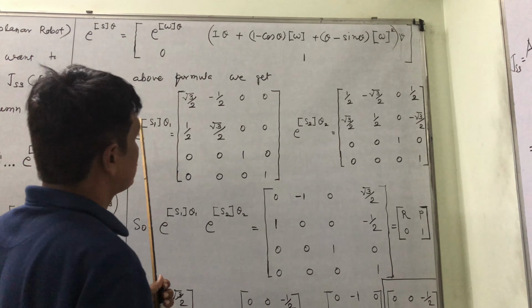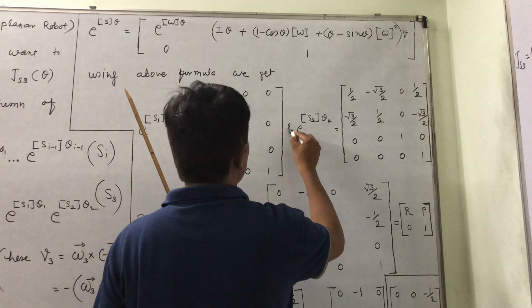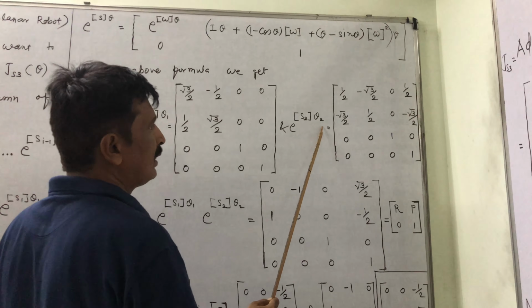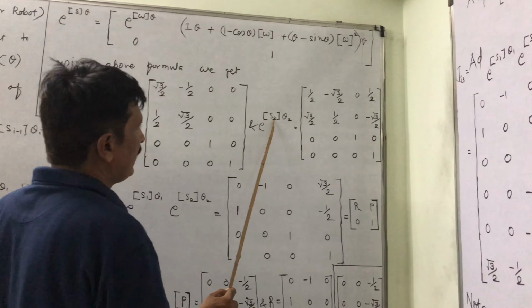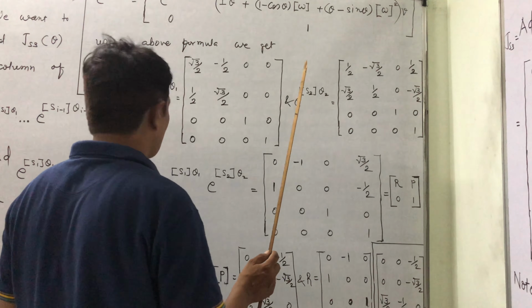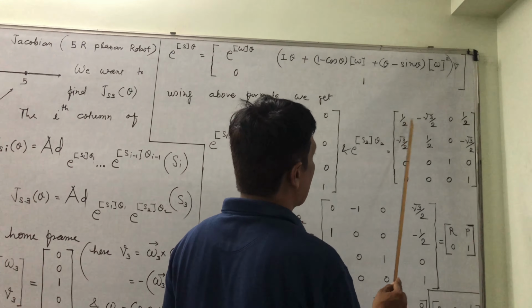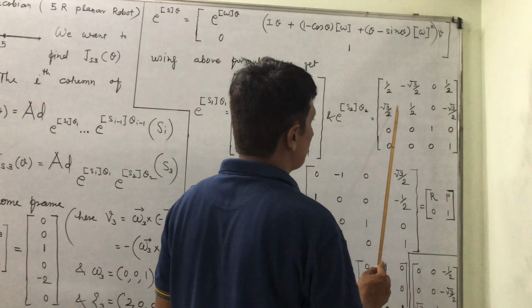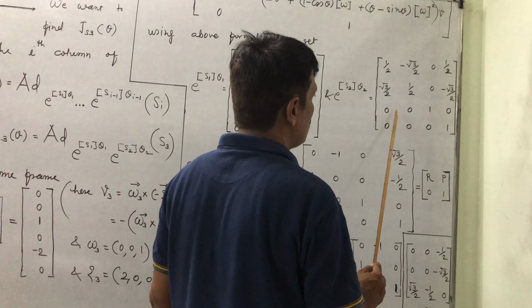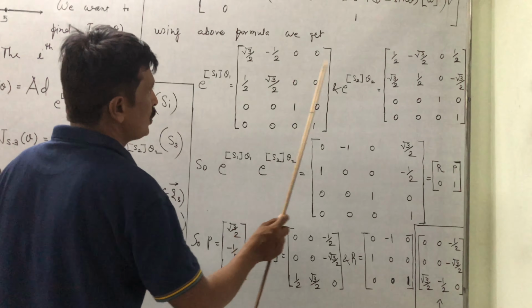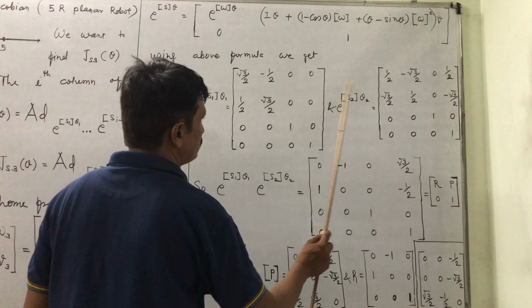And e raised to s2 theta 2: theta 2 is 60 degrees, and S2 we have already defined. Using this formula we get half, minus root 3 by 2, 0, half; root 3 by 2, half, 0, minus root 3 by 2; 0, 0, 1, 0; 0, 0, 0, 1, and we want the product of these two.